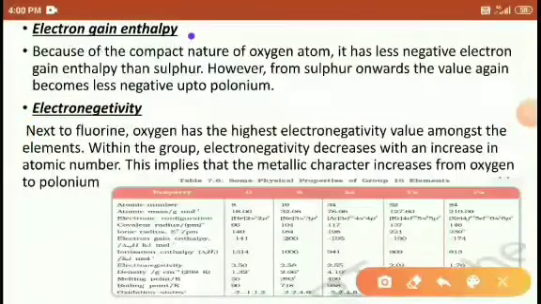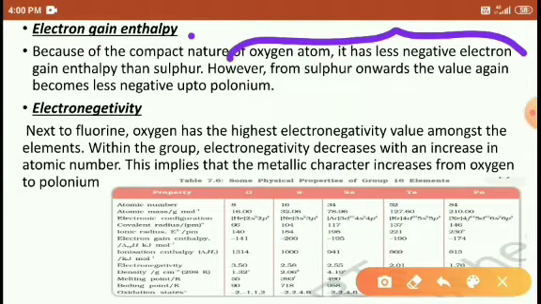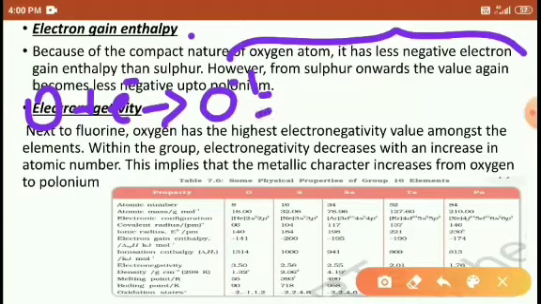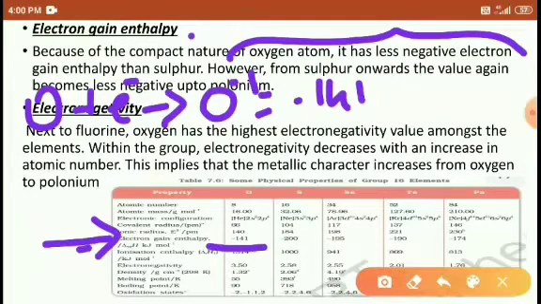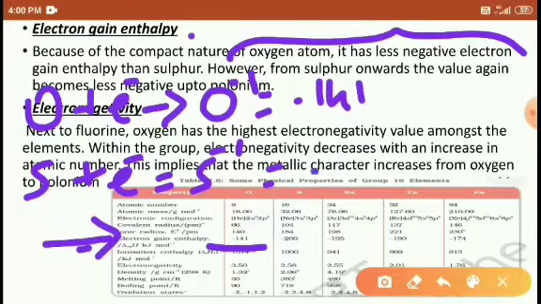Electron gain enthalpy is the amount of energy released when an atom accepts an electron. Here the oxygen atom has a less negative electron gain enthalpy than sulfur. When oxygen accepts electrons to form oxide, it releases minus 141 kilojoule per mole of energy. Sulfur accepting an electron to form sulfide liberates minus 200 kilojoule per mole of energy.